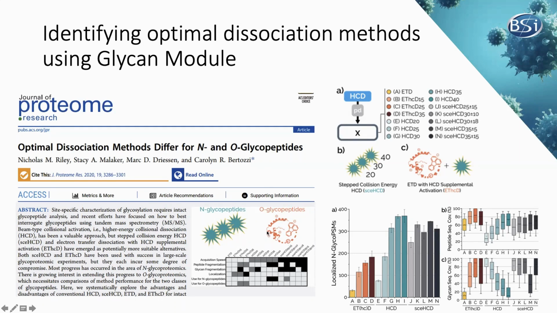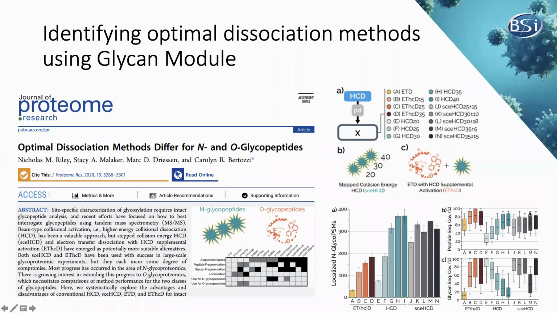In terms of glycoproteomic analysis, they had a number of different criteria that they scored the different methods against. One was acquisition speed, peptide fragmentation, glycan fragmentation.